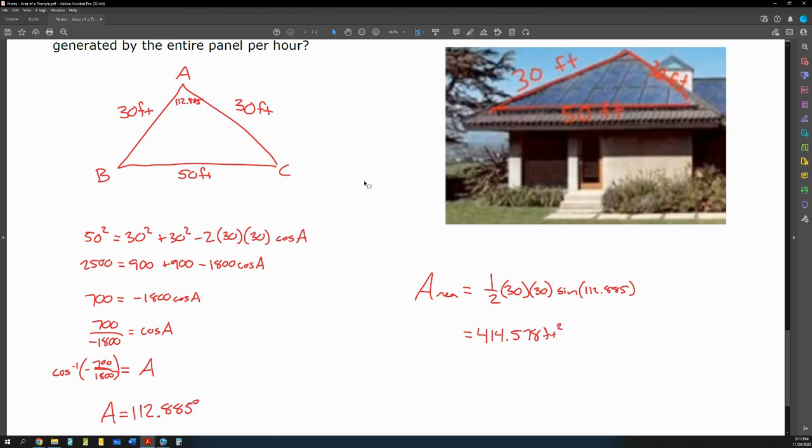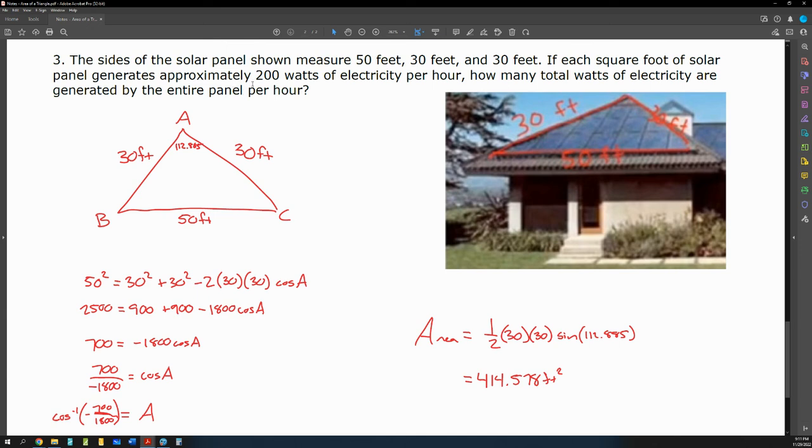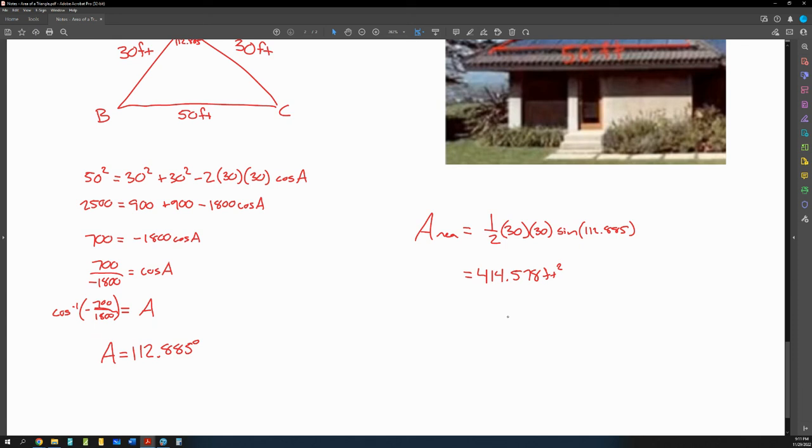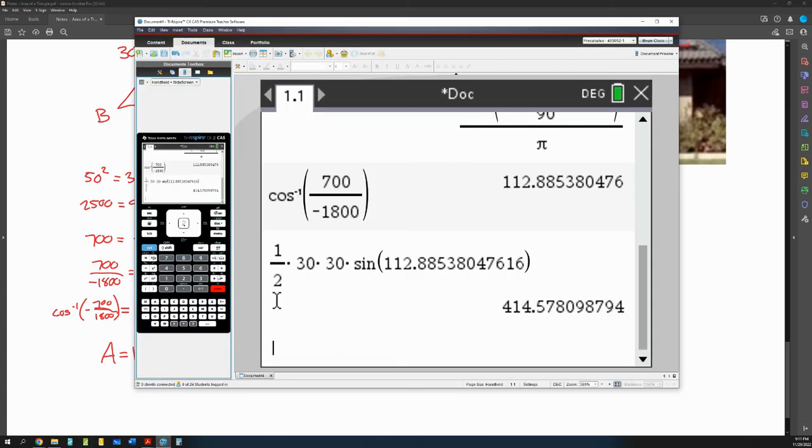This is not our answer. The question is asking if it produces 200 watts of electricity per hour per square foot, how many total watts of electricity are generated? Well, what we have to do is take our square footage, 414.578, and then multiply it by 200 watts. Let's multiply that out.